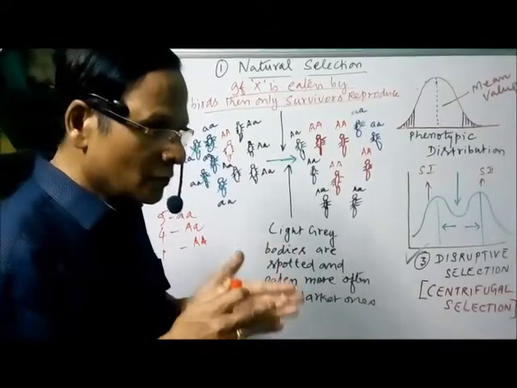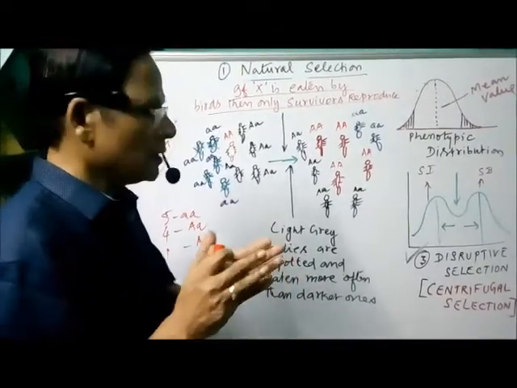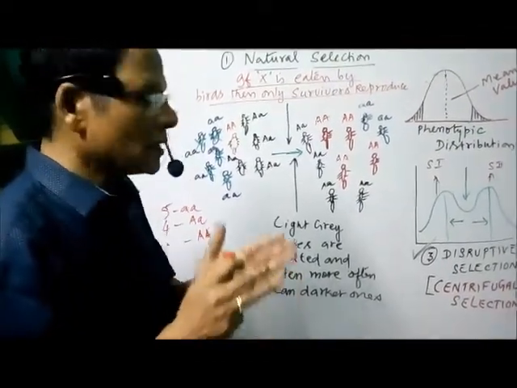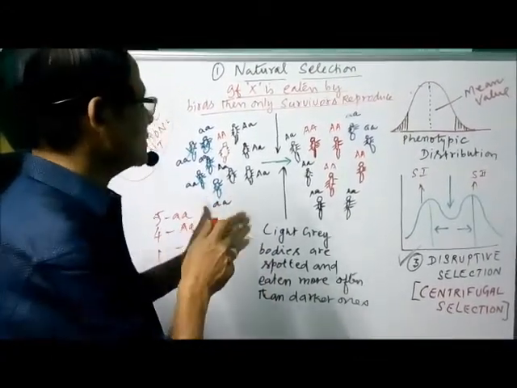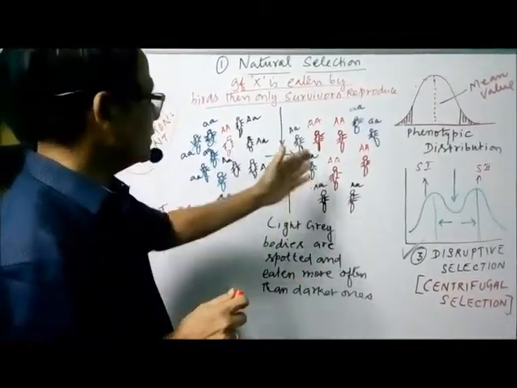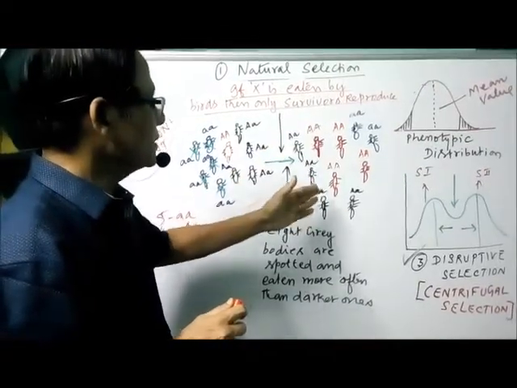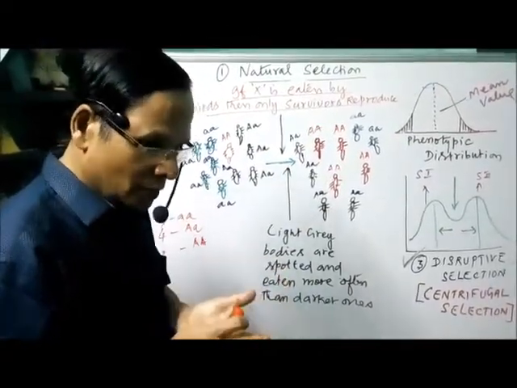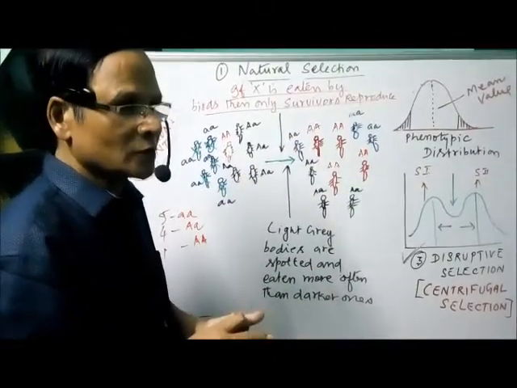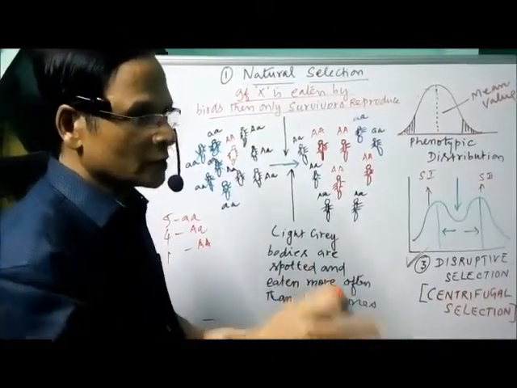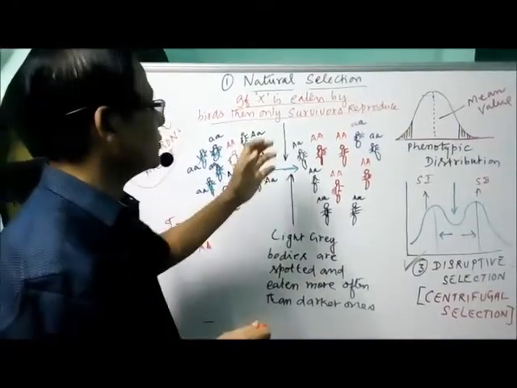So the allele with the survival value, the allele having fitness, its frequency increases. So here the frequency of dominant E and also the heterozygous and homozygous dominant genotypes increase, whereas homozygous recessive individuals drop a little. This is because of survival.